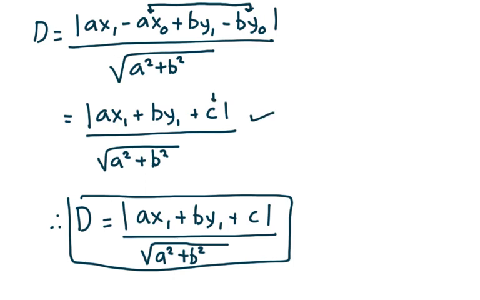So on the next line, I get the absolute value of ax1 plus by1 plus c divided by the square root of a squared plus b squared. And so we got a formula to find the distance from a point to a line. So capital D is the absolute value of ax1 plus by1 plus c divided by the square root of a squared plus b squared.